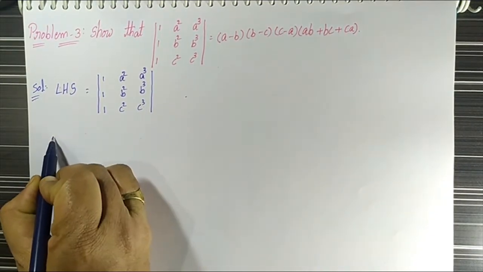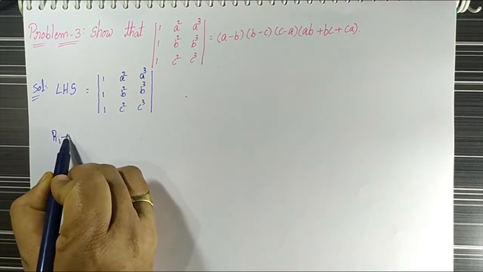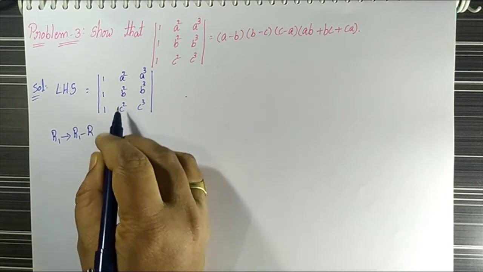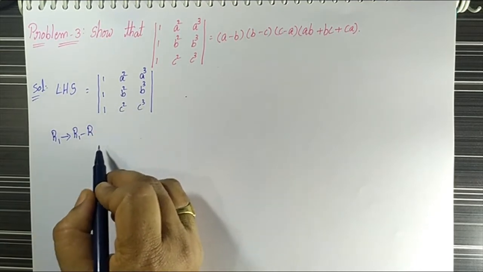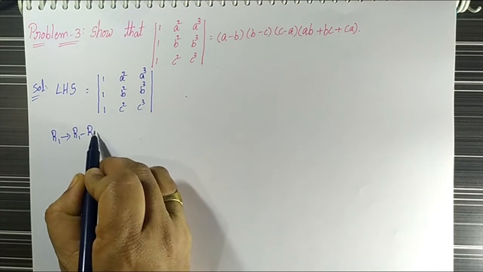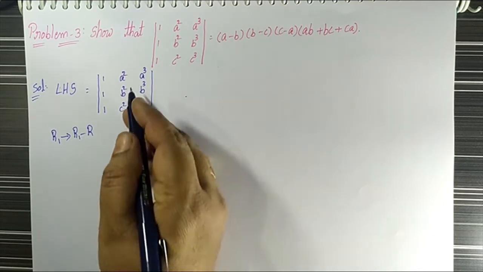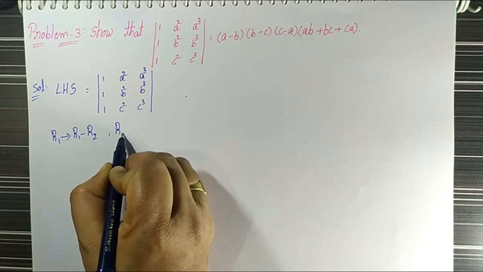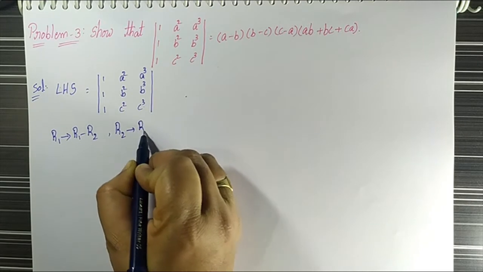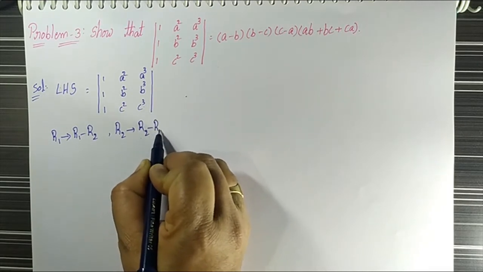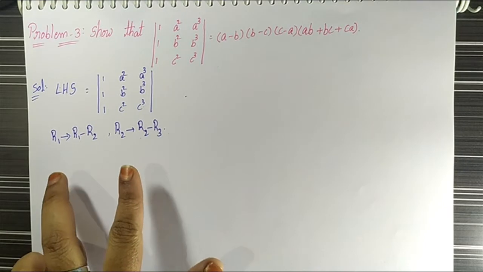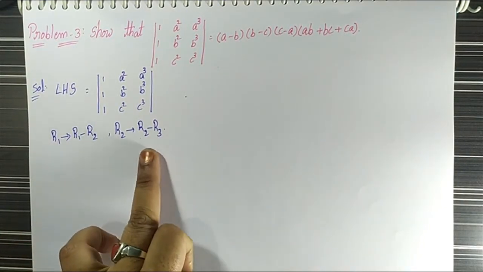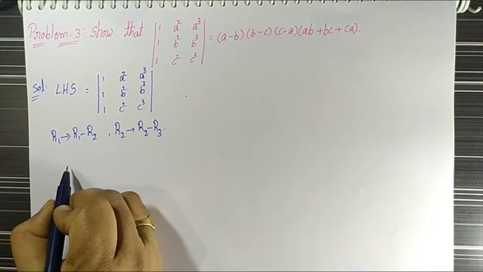The first operation is R1 goes to R1 minus R2, and R2 goes to R2 minus R3. These two operations are applied.